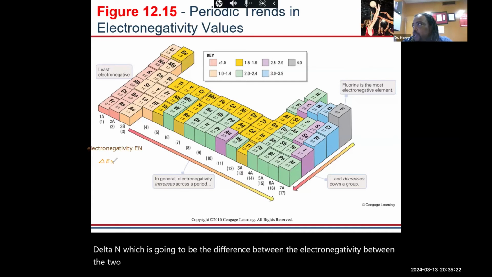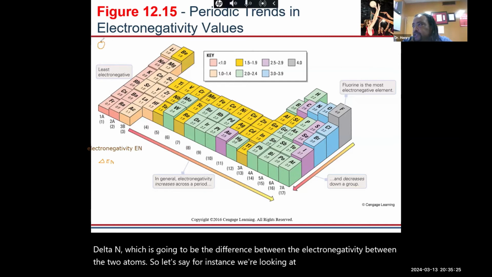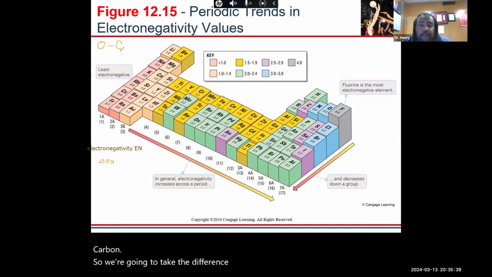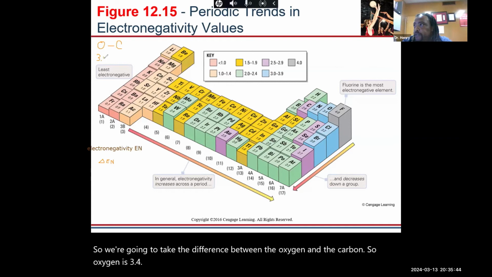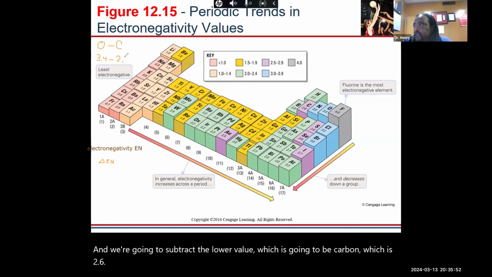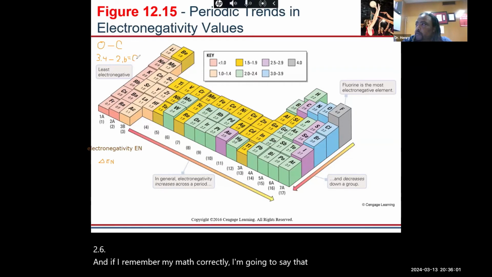Let's say we're looking at oxygen bonded to carbon. We take the difference: oxygen is 3.4, and we subtract the lower value, carbon, which is 2.6. If I remember my math correctly, that is 0.8.